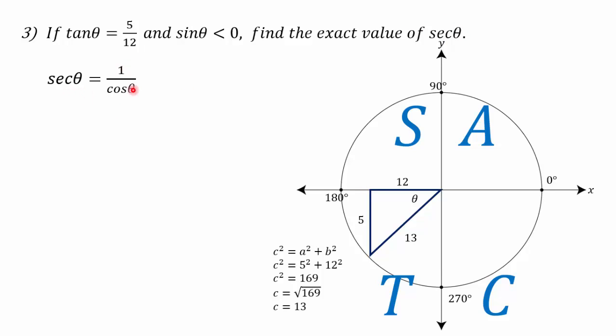So sec theta is 1 on cos. Now cos is 12 on 13, adjacent on hypotenuse, but it's negative because it's in the third quadrant. So I put a minus 12 on 13 there. And it's a fraction within a fraction, so I just flip the bottom upside down, and I'm done.